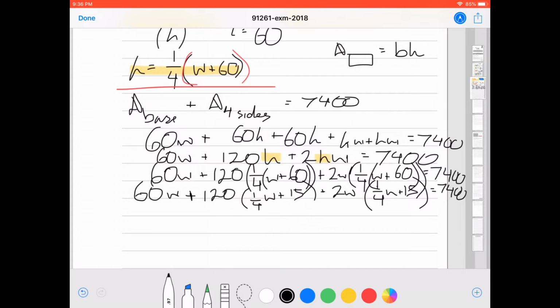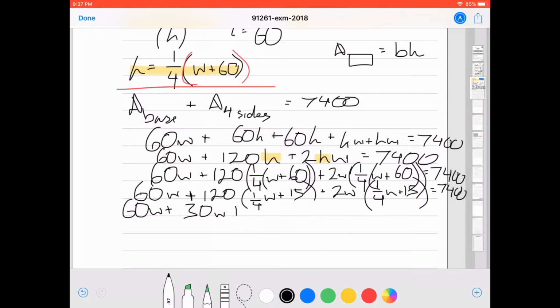Okay, at this point we can multiply through using that 120 and 2w. So we've got 60w plus, now 120 times a quarter, that's what we were originally working towards, that's 30, and it's 30w. 120 times 15 is going to be 1,800.